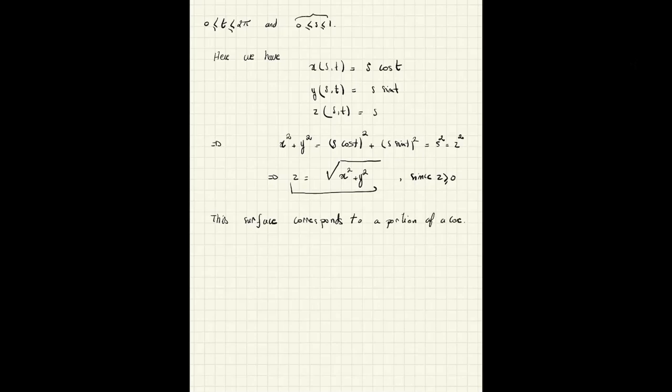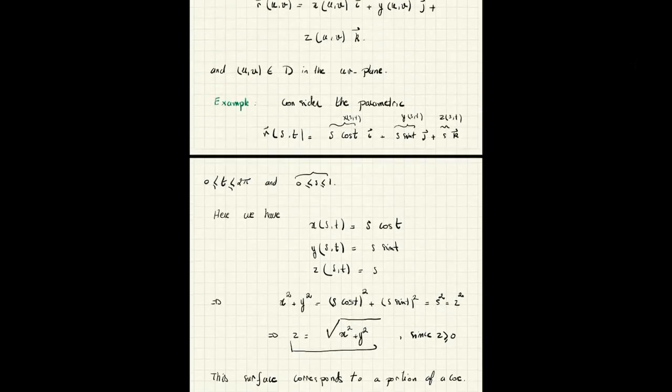So this is what you've been used to, z equals the square root of x squared plus y squared, but this is another representation of the cone. See? Now, it is a bit challenging to recognize this kind of surfaces.